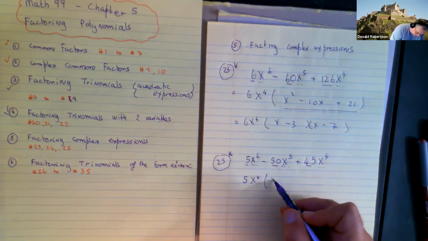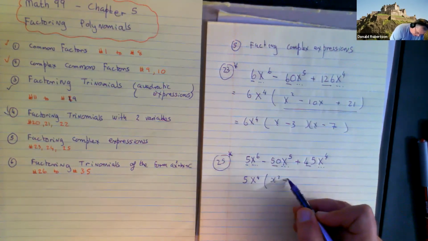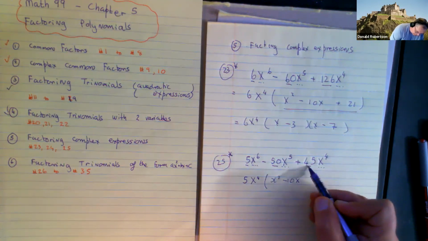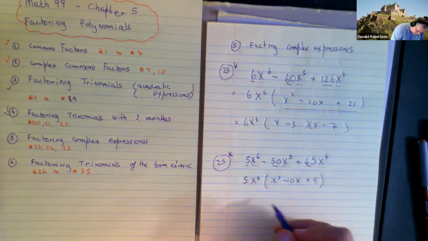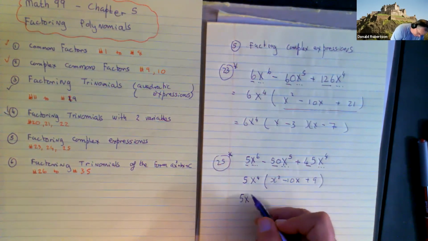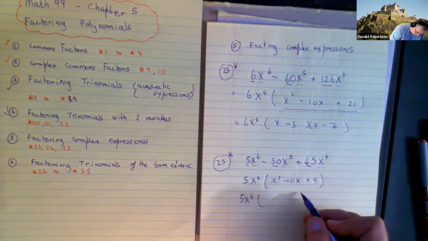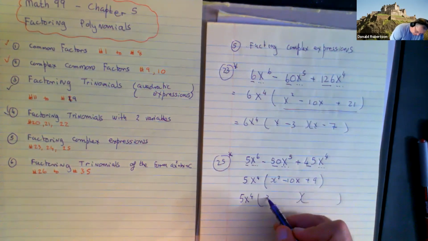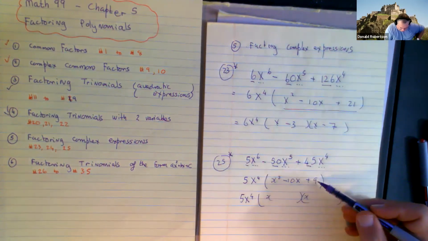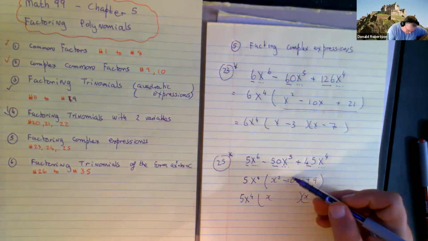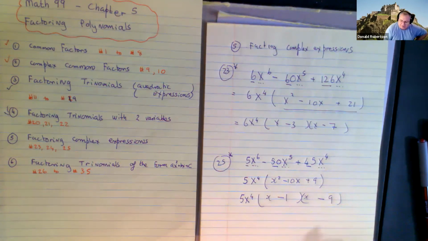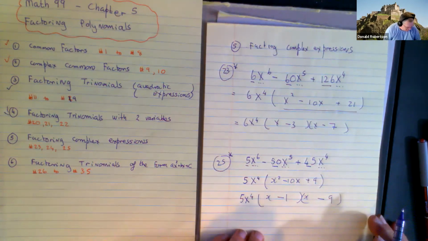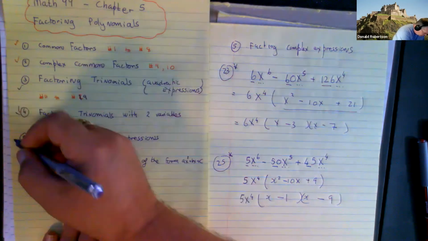Used up, x squared left over, minus 10, one of the x's left, 5 into that gets me 9, and that's all used up. And I have a quadratic. Two numbers that multiply together give me positive 9, but when you add them together, you get negative 10. The two numbers are negative 1 and negative 9, and we are finished.